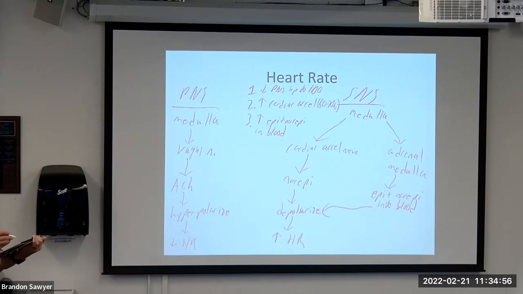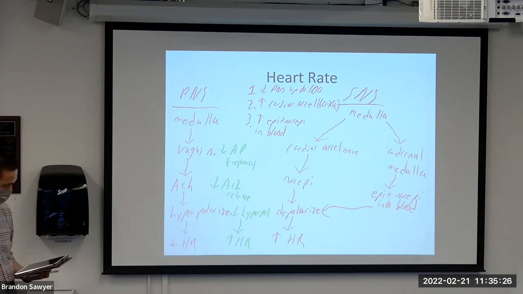So you could have the pathway there, but then something like decreased AP frequency here, so then it'll be decreased acetylcholine release, which would then decrease the hyperpolarization. So this here would actually be increasing the heart rate by doing that. Any questions about the heart rate one?